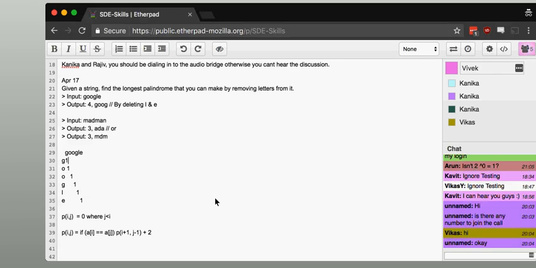That's the case. Or the max of the two cases I can take is just ignore the first one or ignore the last one, and the max of the two. So max of P i plus 1, j or P i, j minus 1. And that should be my recursion condition and base case.